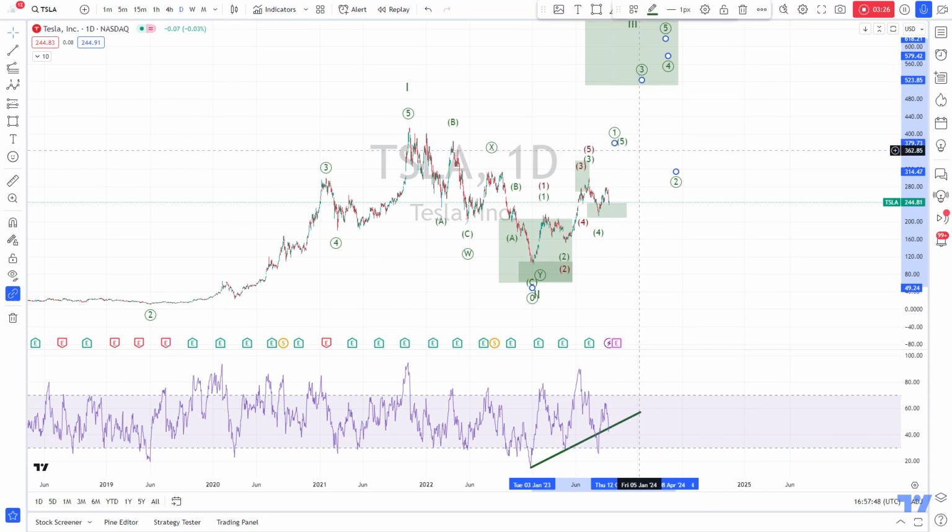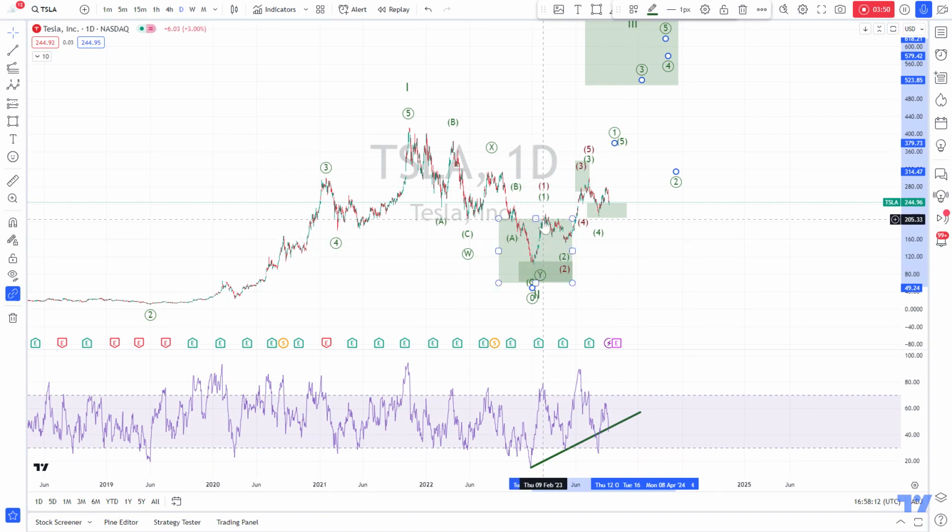People that are following my videos and my channel know that I always work with a primary scenario and a secondary scenario. I always put the primary scenario in green, the secondary scenario in red. And so my primary scenario looks like this.